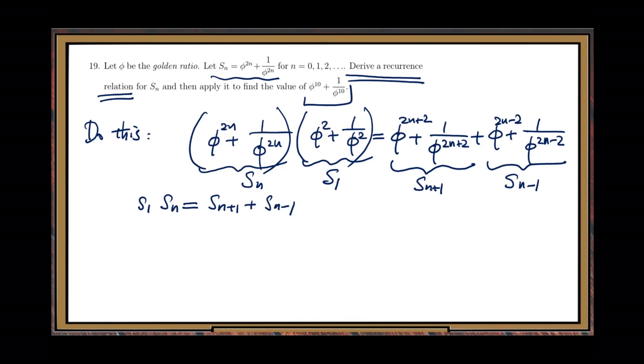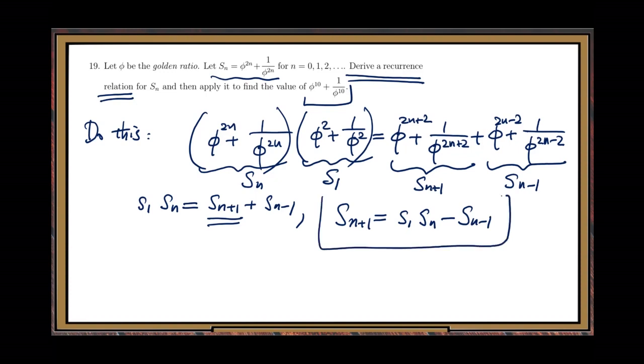For a recurrence relation, we should write the expression with the largest subscript, S_n plus 1, on the left-hand side, and S_1 S_n minus S_n minus 1 on the right-hand side. So this is the recurrence relation.